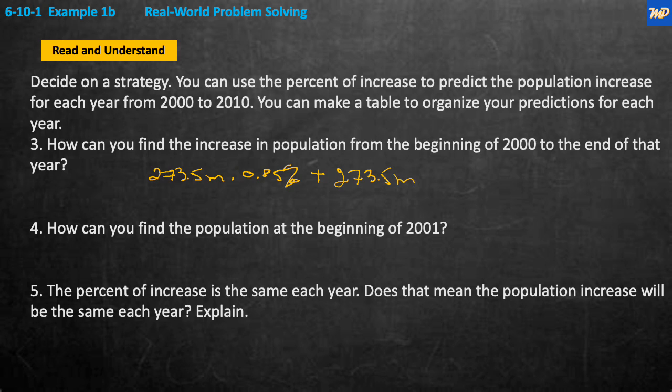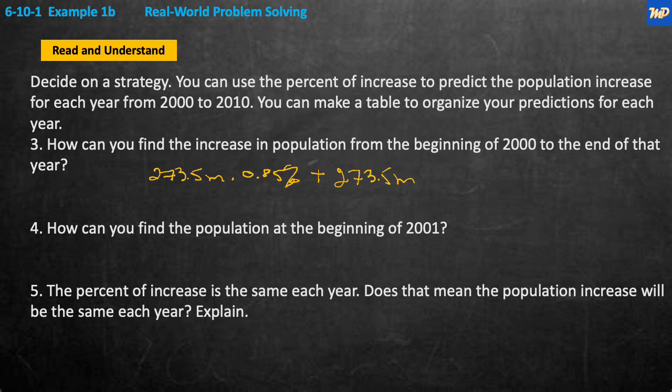So the 273.5 million plus 0.85% of 273.5 million, we're going to end up with a number that is 0.85% larger than 273.5 million. So that's how you're going to do it. You're going to multiply those two numbers, and you're going to add the beginning number.